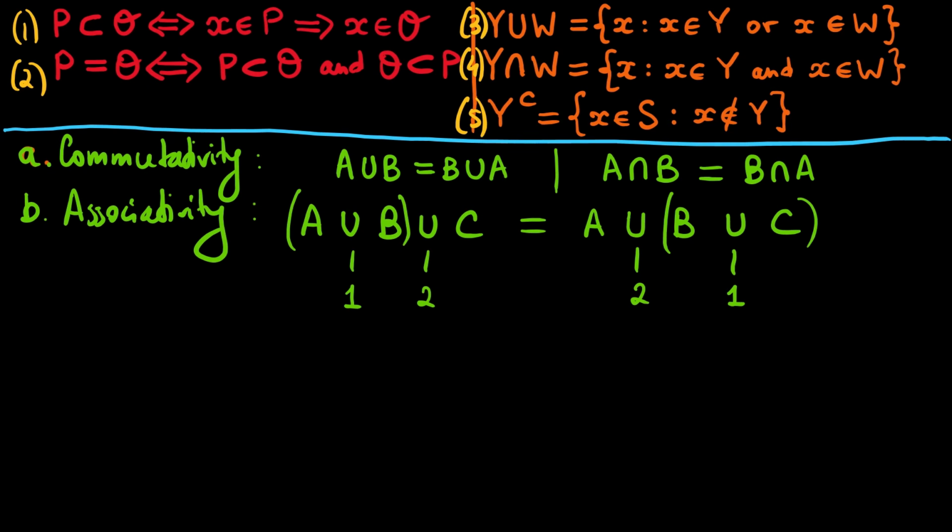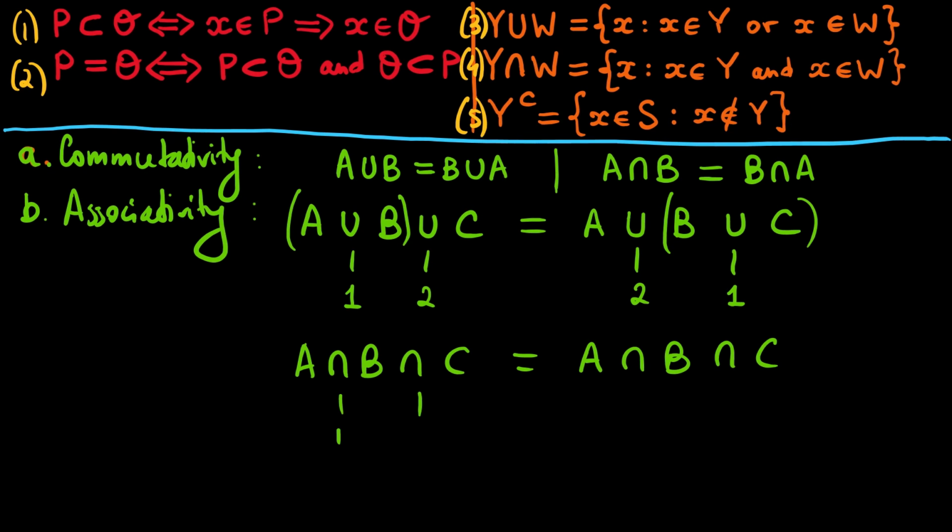So this is what the associativity law says, that if you have a chain of sets connected by the same operator, in this case union, it doesn't matter the order in which you do those unions. And an analogous result holds with intersections, perfectly analogous.